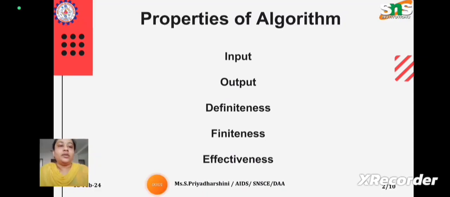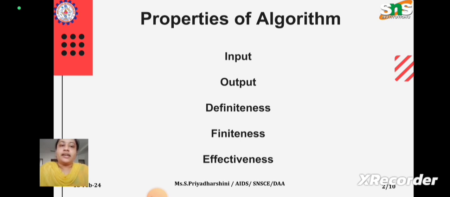Let's see a quick recap of what we have seen earlier. We have seen what an algorithm is. The definition of an algorithm would be a set of steps to complete a task. Precisely, for example, if I want to make a cup of tea, then the algorithm would go like this: add water and milk to the kettle, boil, add tea leaves, then add sugar and serve it in a cup.